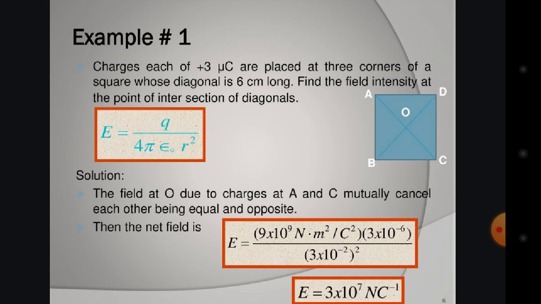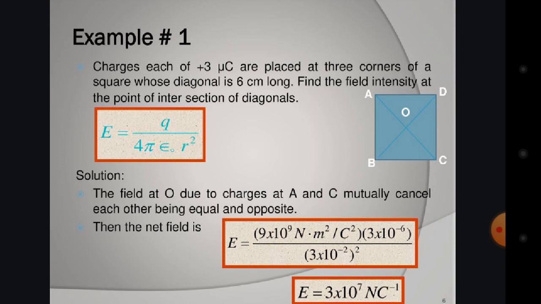If you press 9 times 10 to the power of 9 times 3 times 10 to the power of minus 6, divided by the square of 3 times 10 to the power of minus 2, that is the 9 times 10 to the power of minus 4. You divide by 9 times 10 to the power of minus 4, and you will have a value of 3 times 10 to the power of 7 per Coulomb.